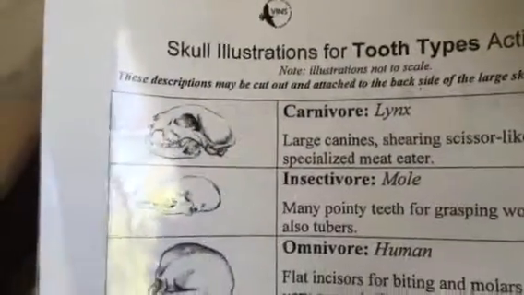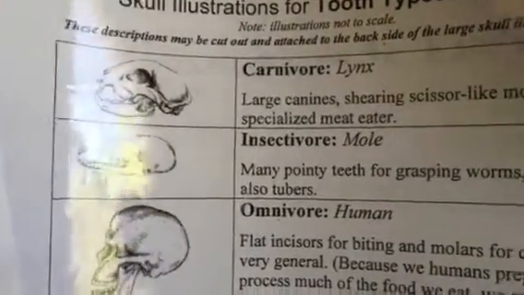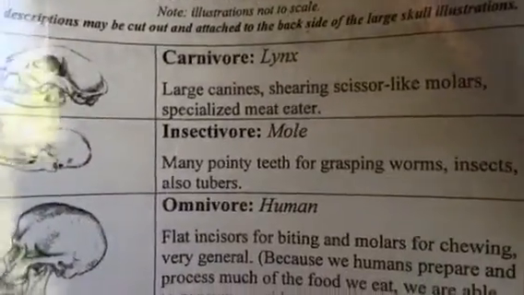illustrations for tooth types, and talk about how carnivores have mostly large canines, insectivores have many pointy teeth for grabbing onto insects, and so on.